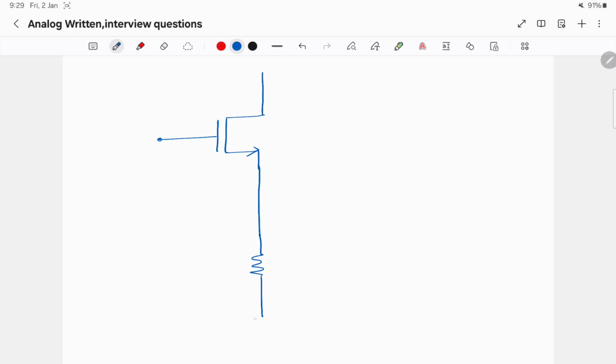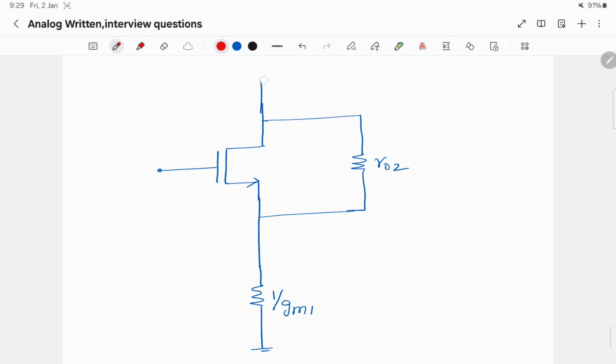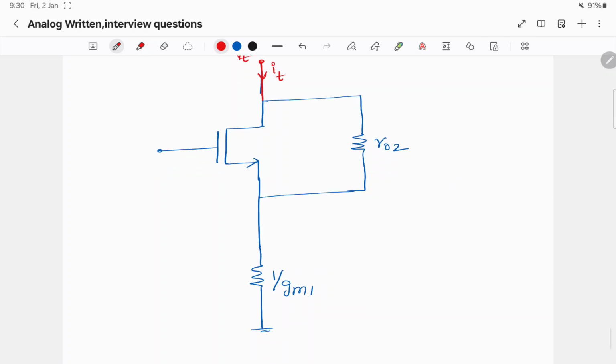So the resistance here is 1 by GM1 and we have a resistor RO2 here, applying a test voltage VT and the current of IT is flowing. So the current flowing here is IT. This will develop a voltage of IT times 1 by GM. Let us say both GMs are equal.